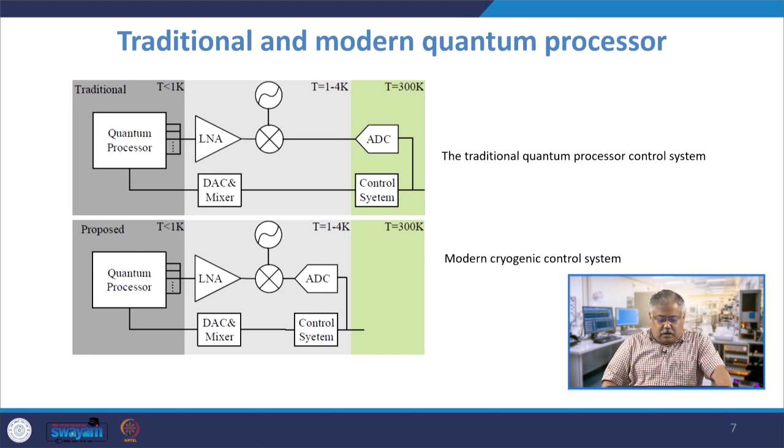Then people thought, why not keep the ADC and the control system back in the 4 Kelvin box. The cost you pay is that your ADC is a very power hungry, highly power dissipative element, and therefore the power budget needs to be kept strict. The advantage is that since the ADC is physically closer to the mixer and so on, the interconnect lengths can be drastically reduced, and therefore signal integrity issues can be taken care of at cryogenic controls, and these are all at very low temperature. So, the whole thing is sitting around at 4 Kelvin or so, right.